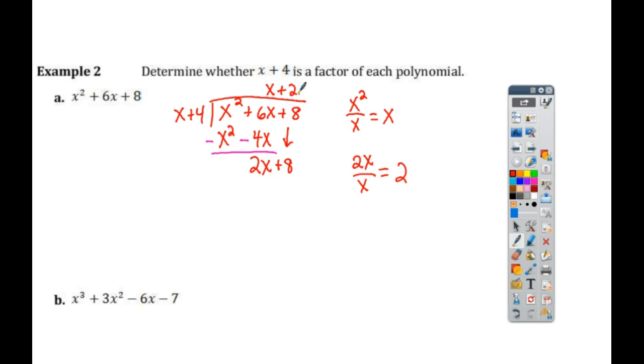So now I'm going to take the 2 times the x. That gives me the 2x. The 2 times the 4 gives me 8. But what do I do at this step? I have to switch the signs. So it's minus and minus. So my remainder is 0. So yes, that is a factor of that polynomial.